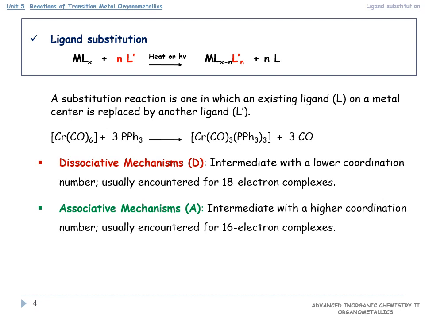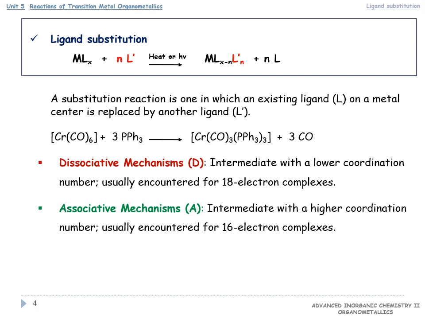Ligand substitution reactions consist in the substitution of a ligand from the coordination sphere of the metal by a different one, without the modification of the coordination number, nor the valence electrons or the oxidation state of the metal. There are different mechanisms, but we are going to highlight only the extreme cases: dissociative mechanisms and associative mechanisms.